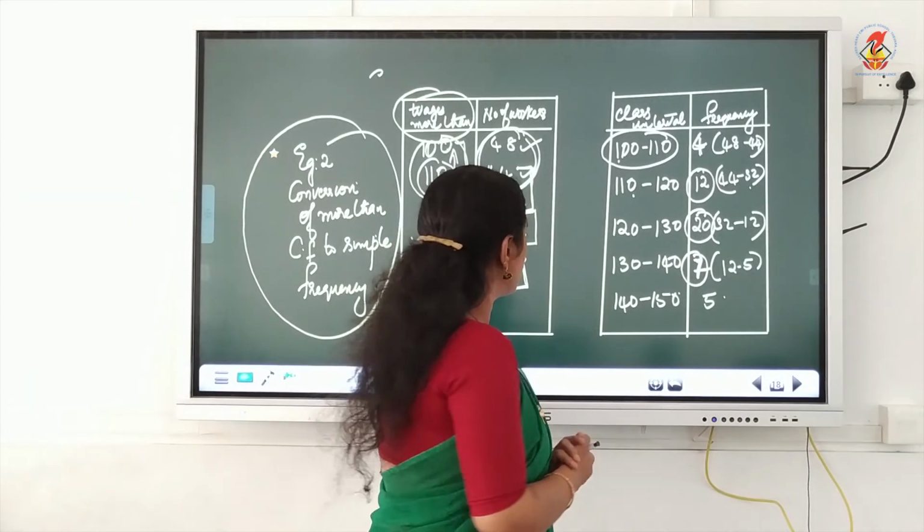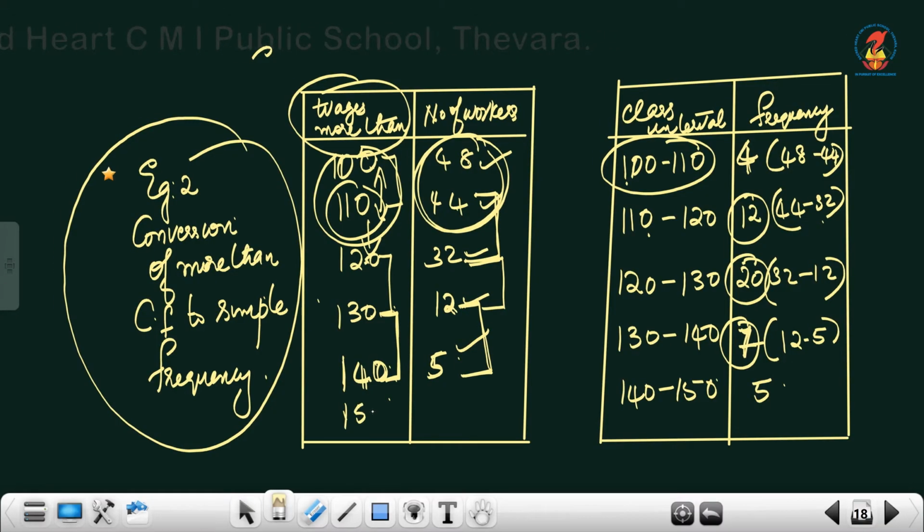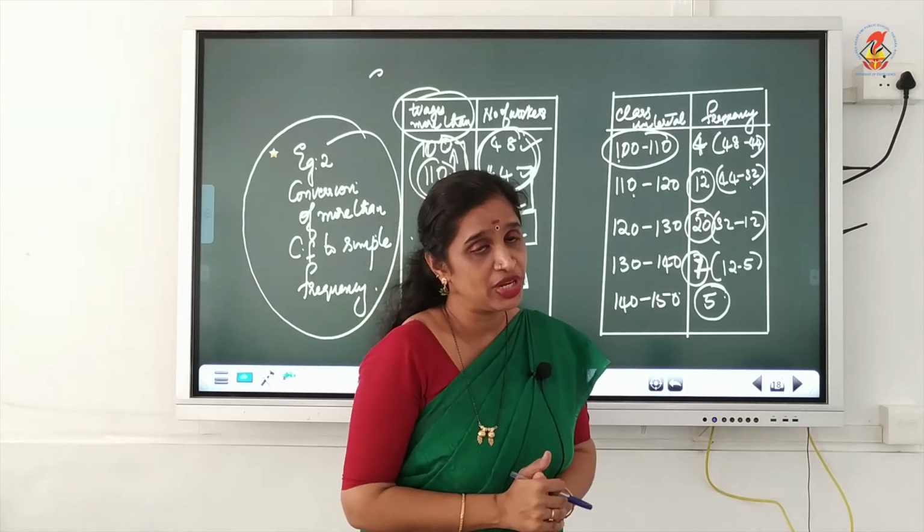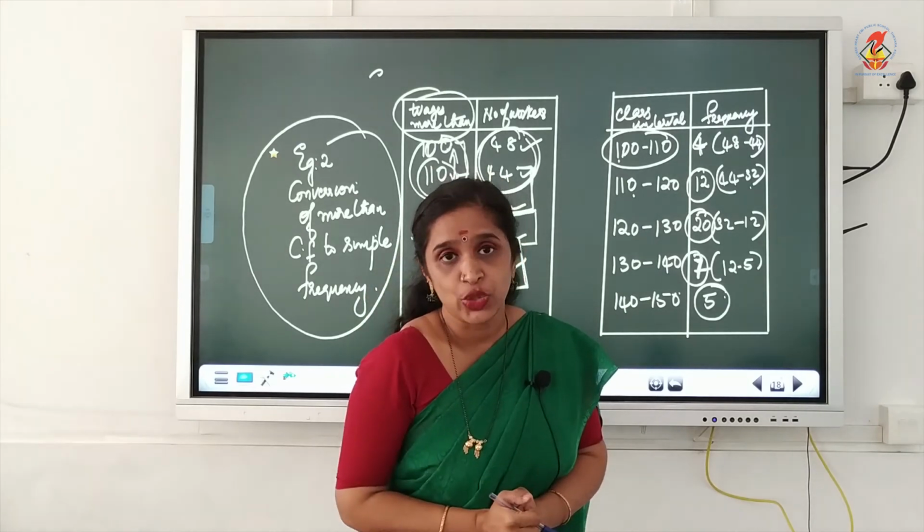Now, the problem is for 150, there is no frequency for the same. So you are deducting 5 with 0. 5 minus 0 is equal to 5, because there is no frequency for the value 150.